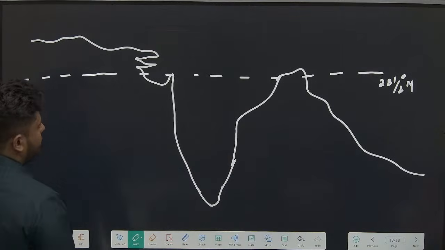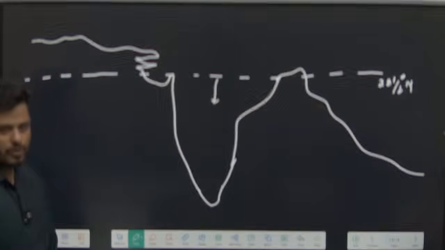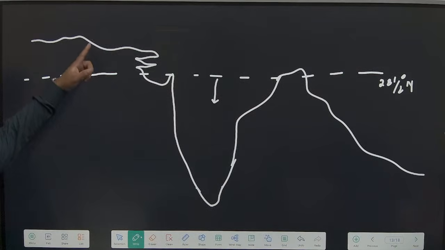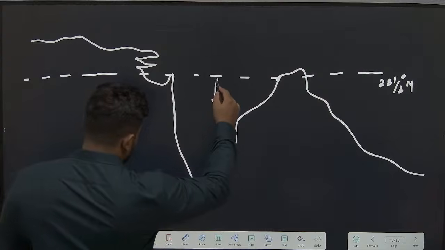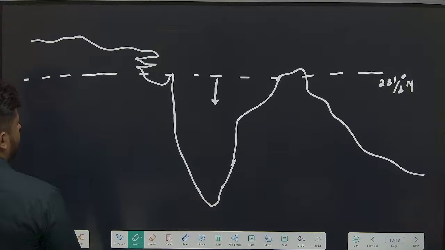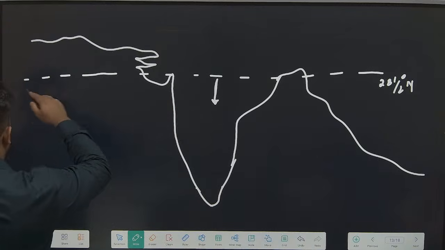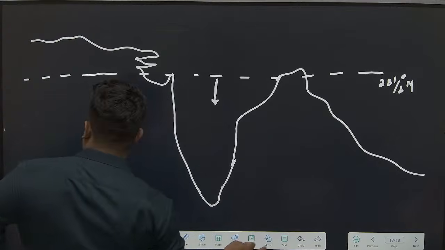So what is happening? The direct sun ray, which had shifted to the north maximum on 21st of June, now it has to retract back. So it is on its way back. Please try to understand this. Mostly this high temperature location is actually regulated by the shape, not by the latitude.